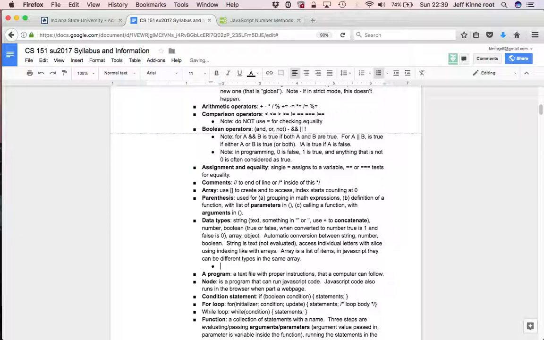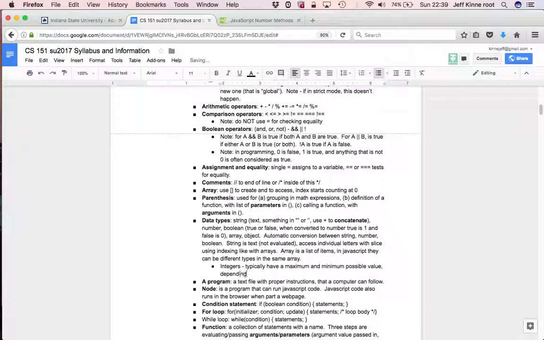Integers in programming typically have a maximum and minimum possible value depending on how much memory is allocated.